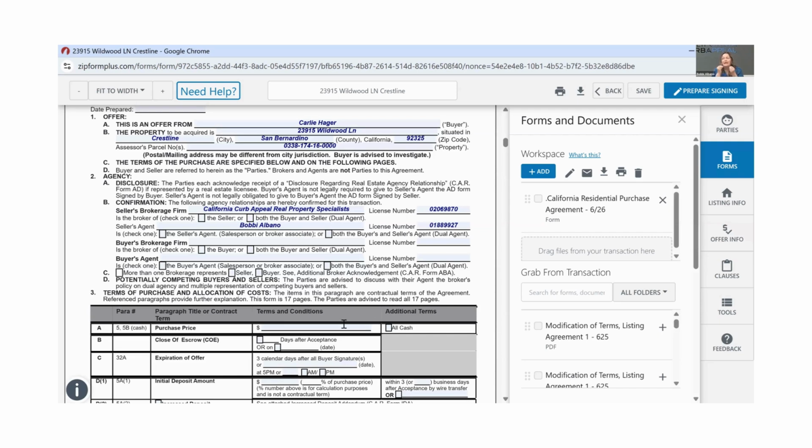So you always want to disclose that dual agency, because that's what will get you into litigation more so. Because they'll say, wait a minute, this was in-house, both sides were doing it. Was I really fairly represented? So definitely take note of that.